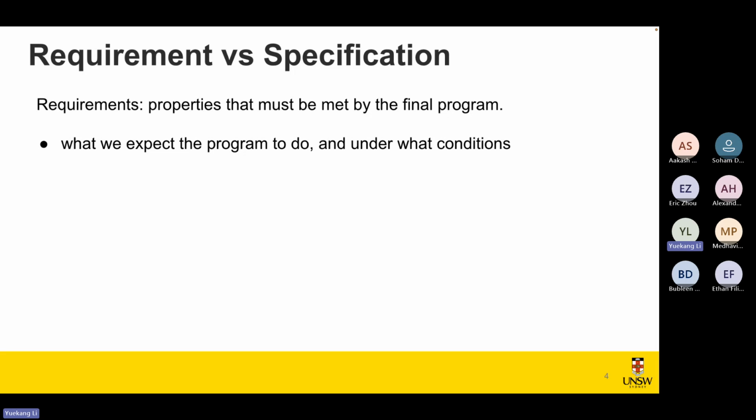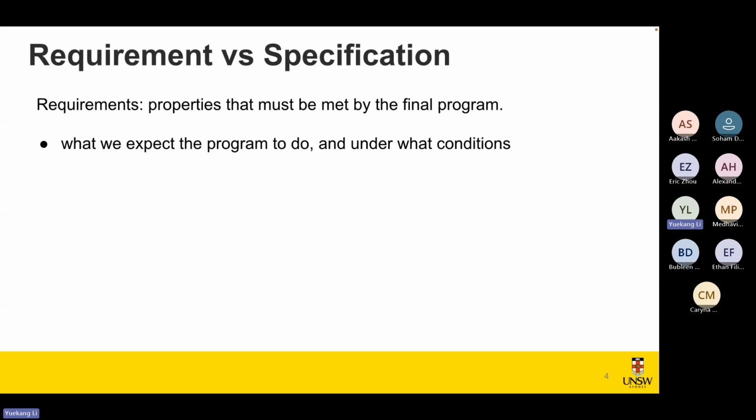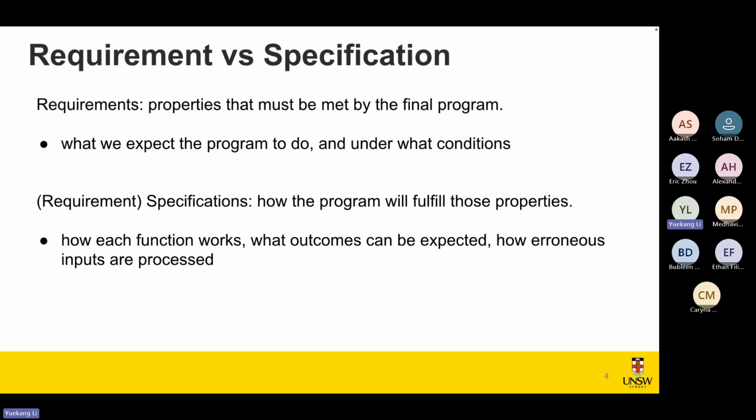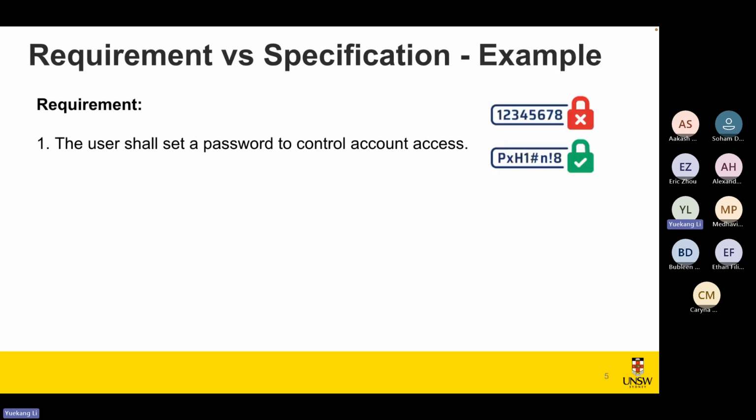It is kind of like what kind of output we would expect from certain conditions to be generated by the program. That's a requirement. A specification is closer and more concrete. It's more about how the program shall meet the properties, or how we would implement the program to meet the requirements. I know that these two definitions are kind of abstract, so let's take a look at an example here.